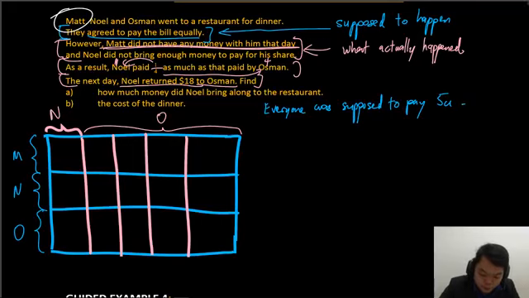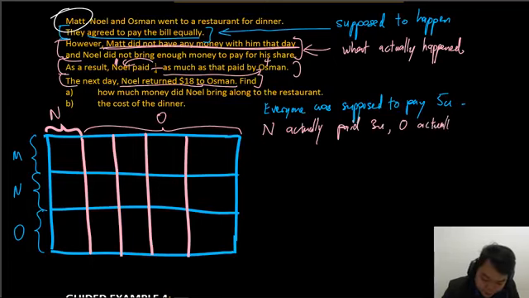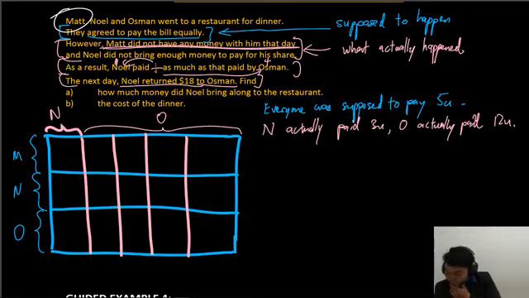Agree? Because if we look at the horizontal bars, this is what they were supposed to pay. However, it ended up that Noel actually paid 3 units and Osman actually paid 12 units. Okay?